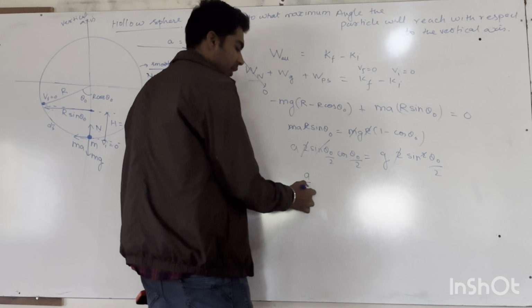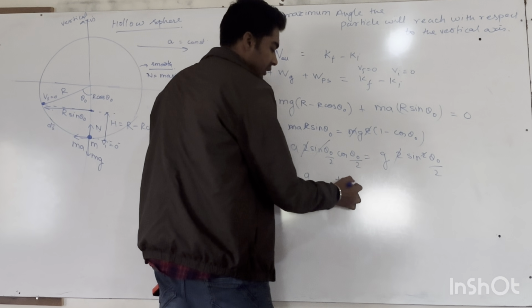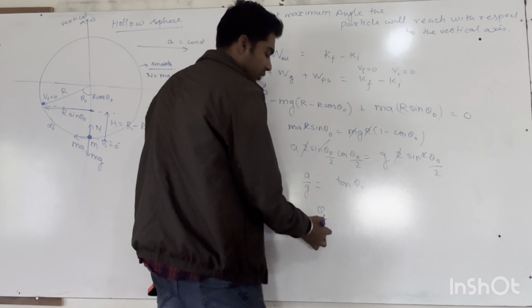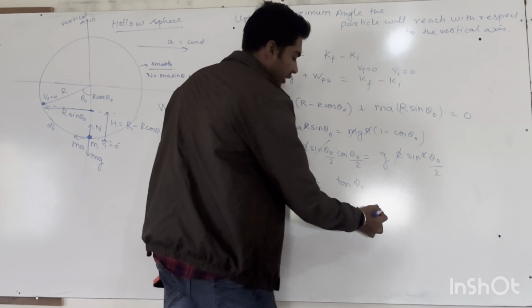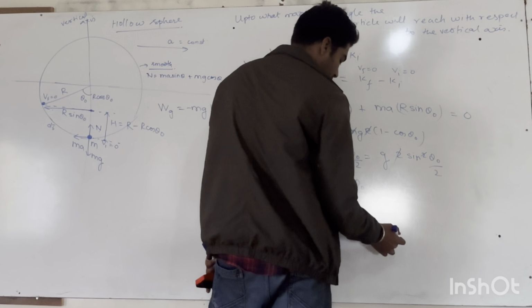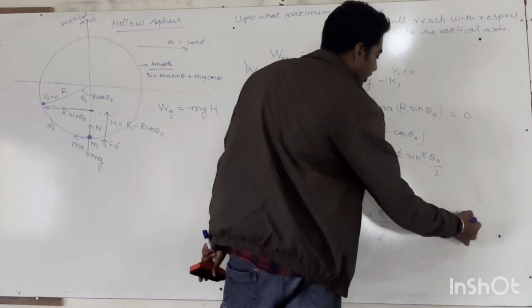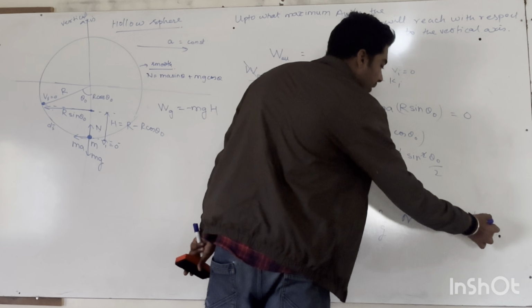We have a by g as tan theta naught by 2. We can further write it as theta naught by 2 equals tan inverse a by g, or theta naught equals 2 times tan inverse a by g.